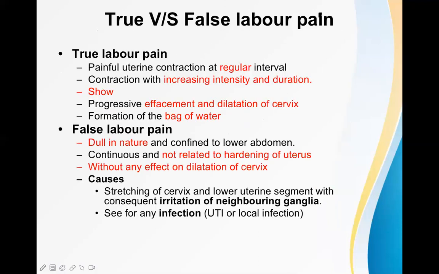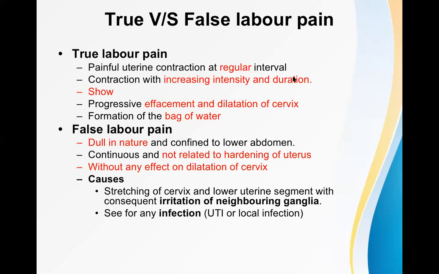Now, let's move further. See here. What is the difference between true labor pain and false labor pain? True labor pain occurs because of uterine contraction at a regular interval. These are real contractions of the uterus, and these are quite painful.